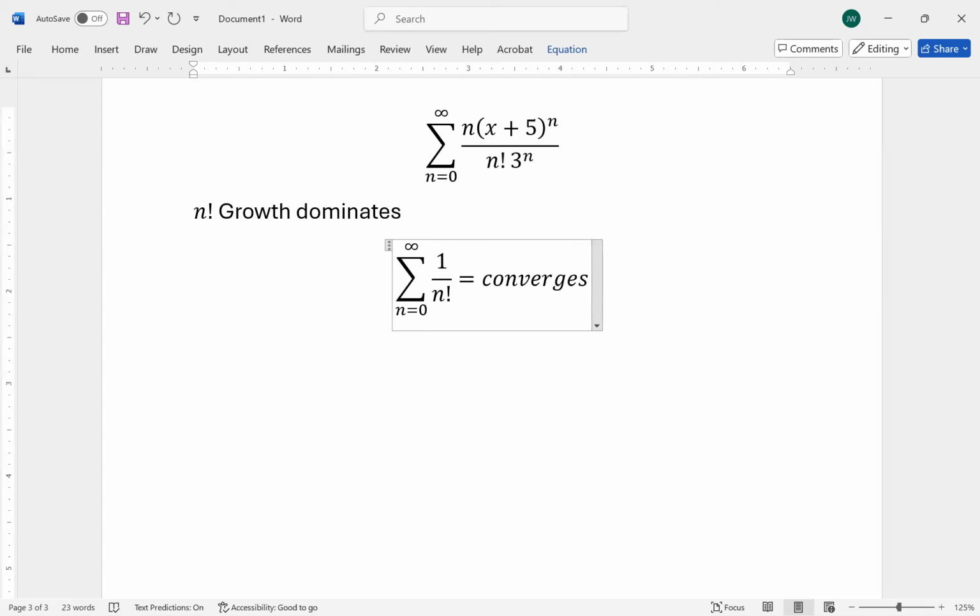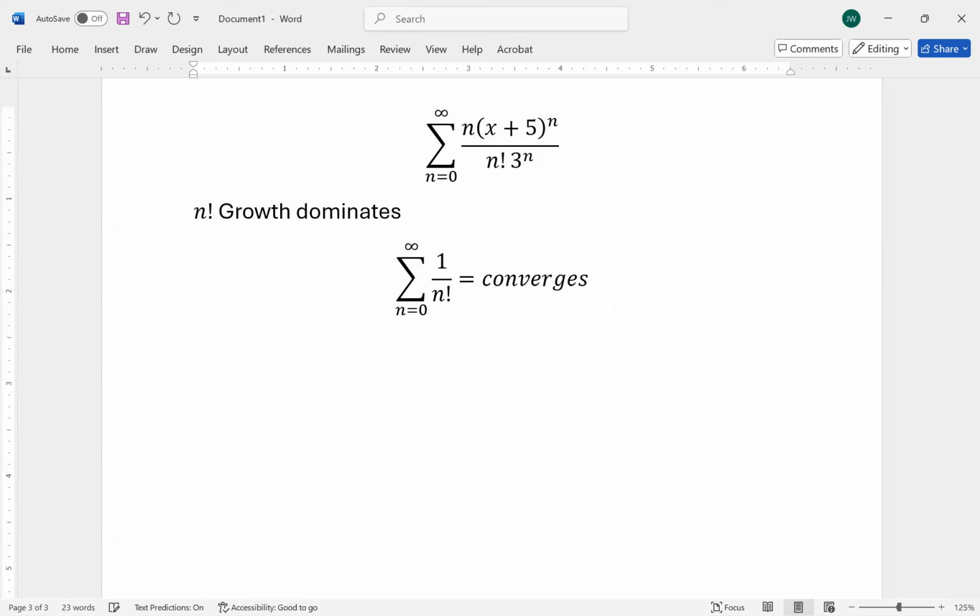And we know that the infinite sum of 1 over n factorial from n equals 0 to infinity converges. We've seen that a couple of times. You can use a direct comparison test if you'd like. But the infinite sum of 1 over n factorial converges.